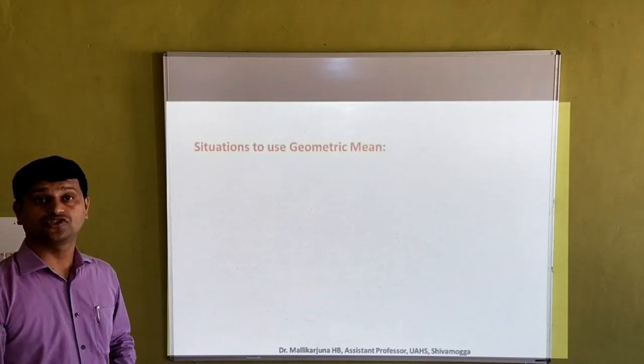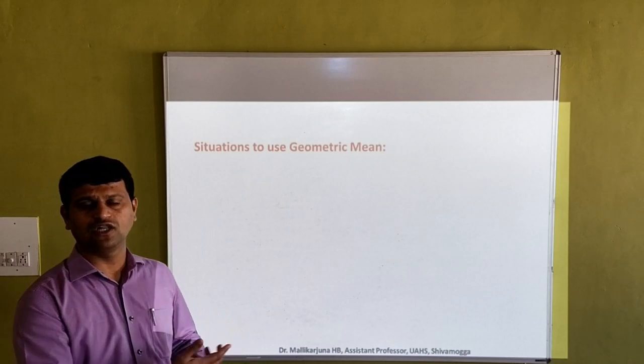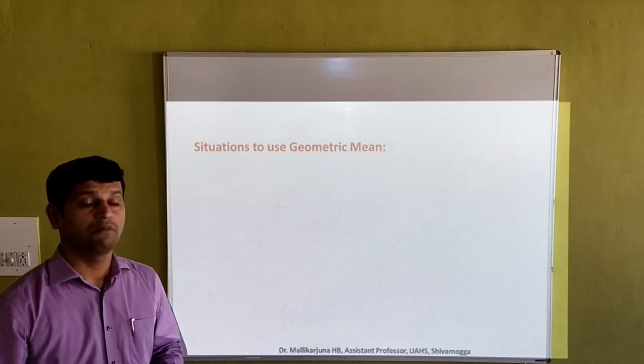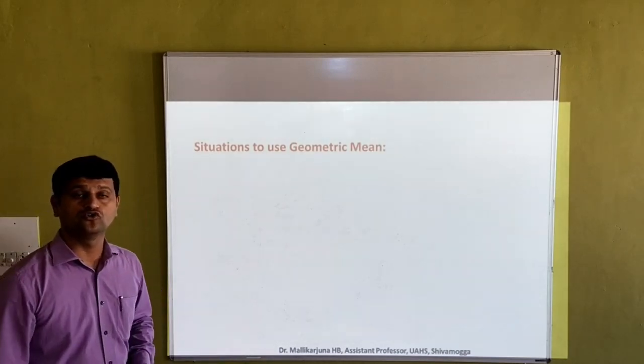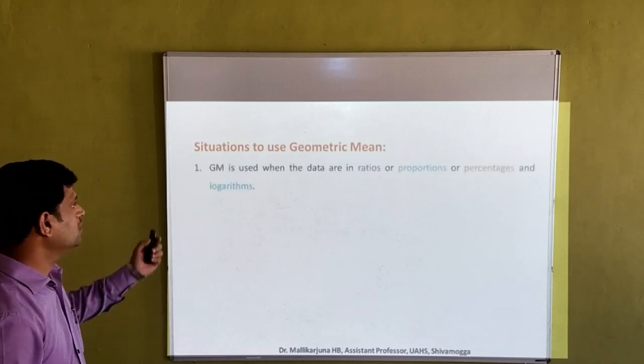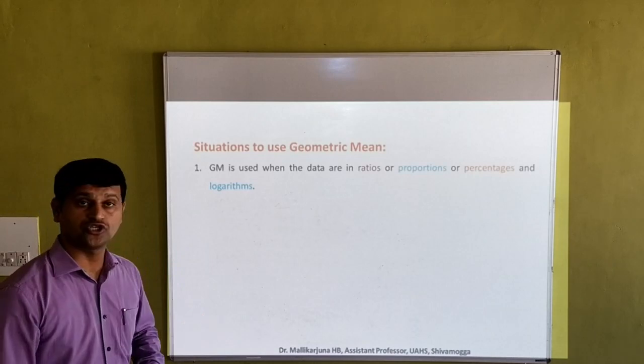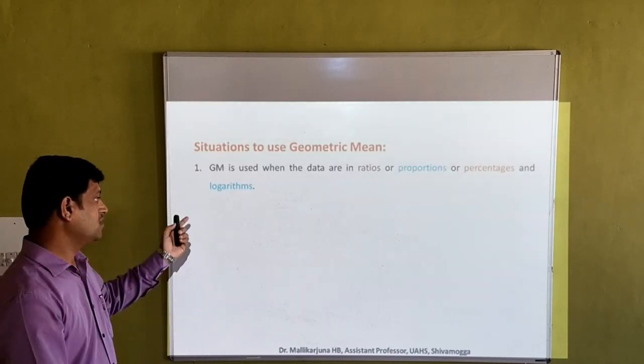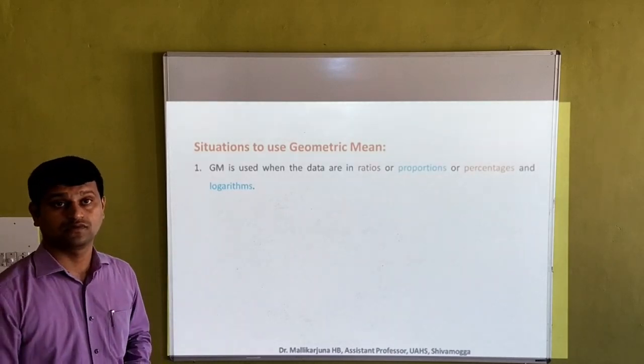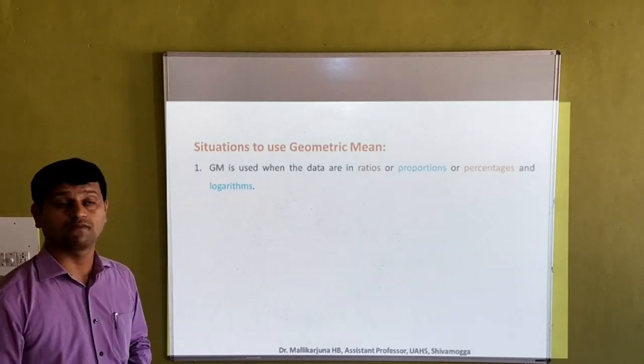Coming to situations of geometric mean. Of course, I have taken only simple observations 5, 10, 20, but there are particular situations to use the geometric mean. Geometric mean is used when the data are in ratios, proportions, percentages, or logarithms.